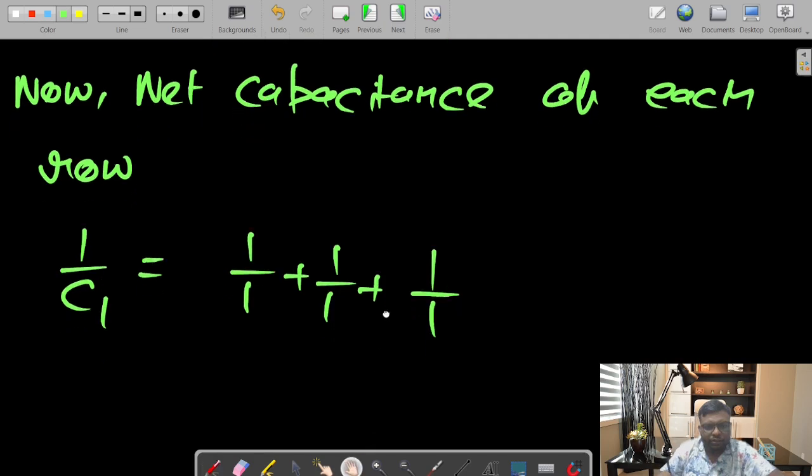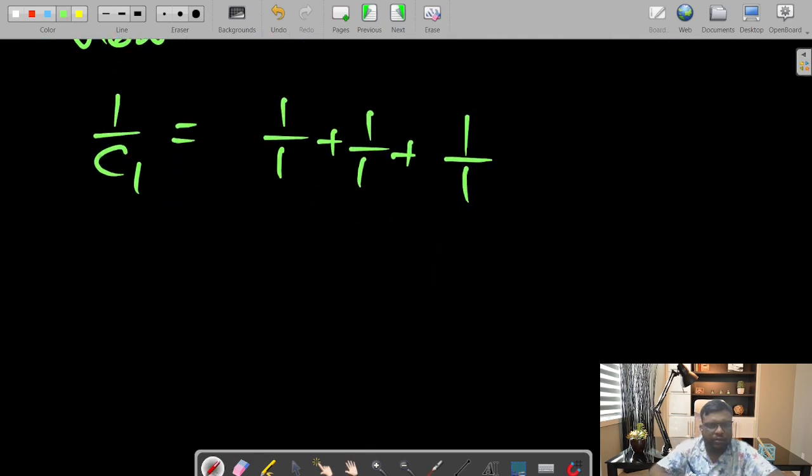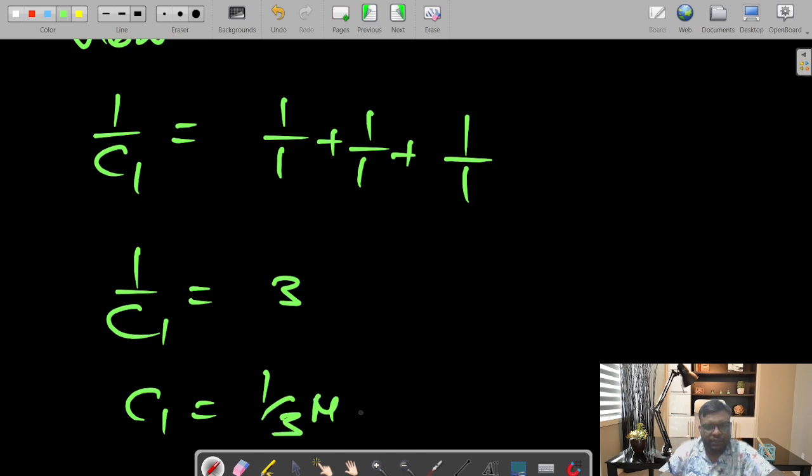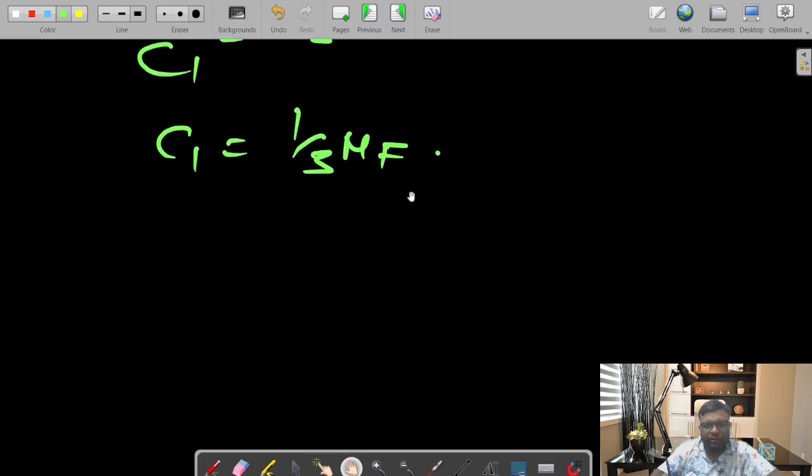So here 1 upon C1 is equal to 3 and C1 is equal to 1 upon 3 microfarad. So now we will proceed further.